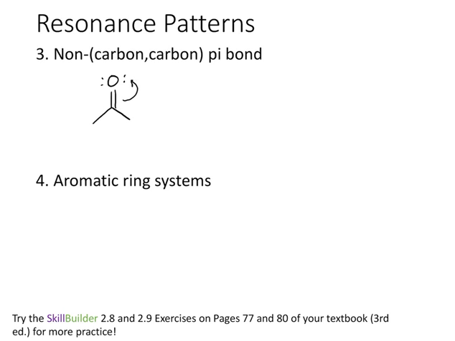So you could move those pi electrons up to create a resonance structure. Now, it might be a minor contributor to the overall hybrid structure, but it's still a valid resonance structure.